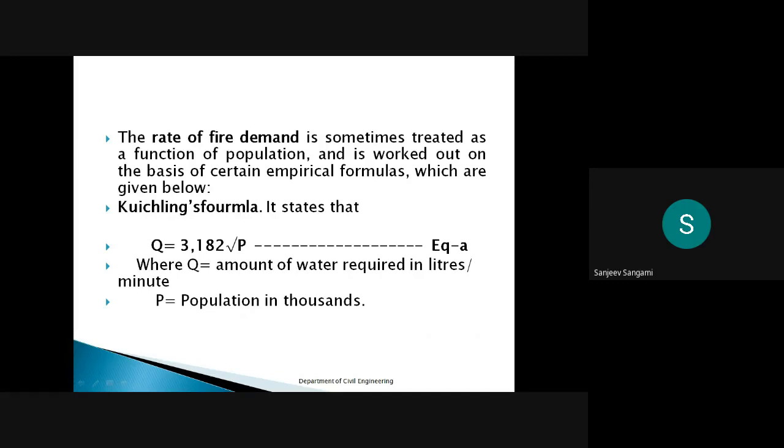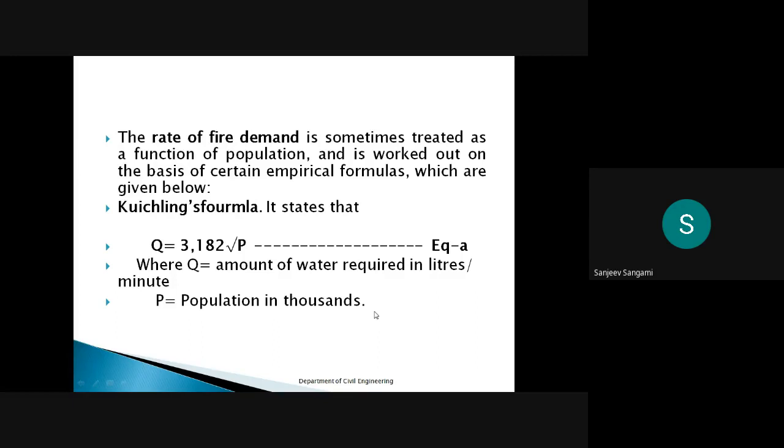You can use all those formulas to calculate the fire demand. So the first fire demand is the Kuchling formula.